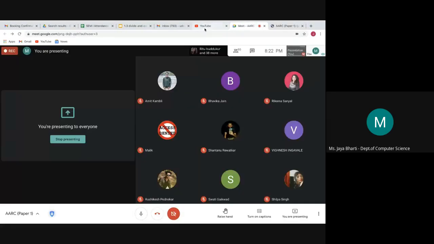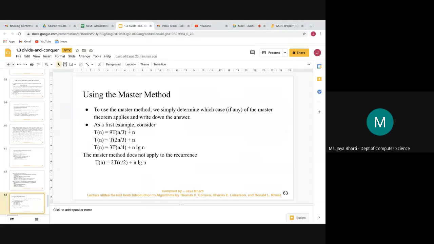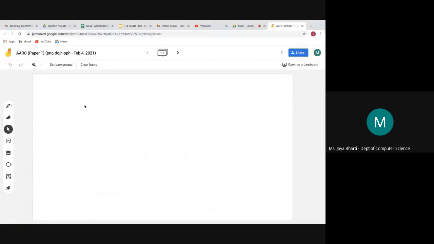So the first example we are going to use is T of n is equal to 9T(n/3) plus n.